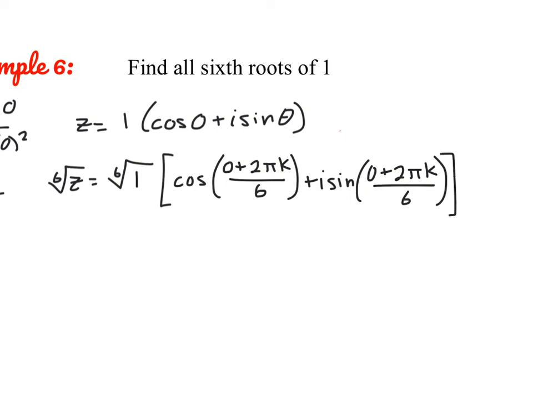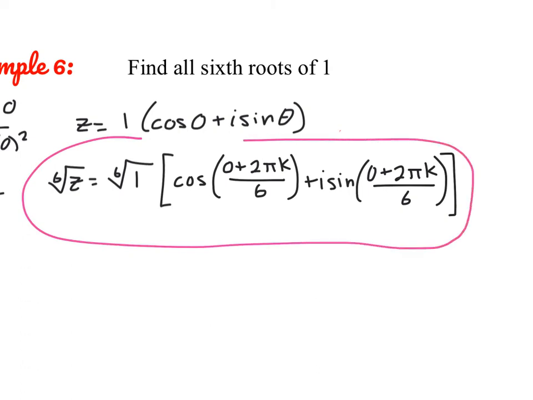So this right here is our formula. Then we're going to need to plug in some k values. Since we're finding the 6th root, we're going to substitute the k values 0, 1, 2, 3, 4, and 5. So we end up with 6 distinct answers.